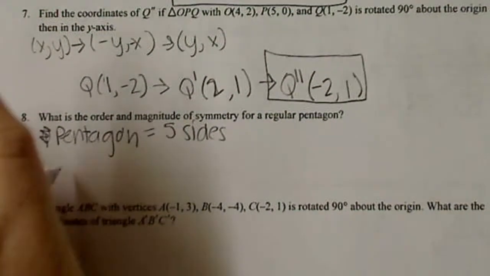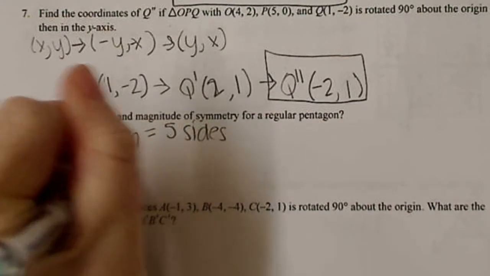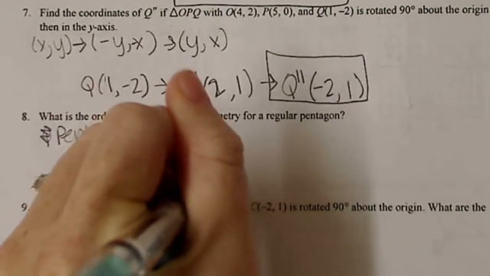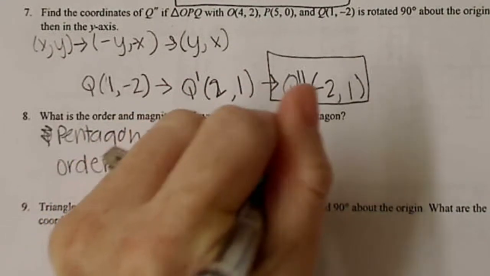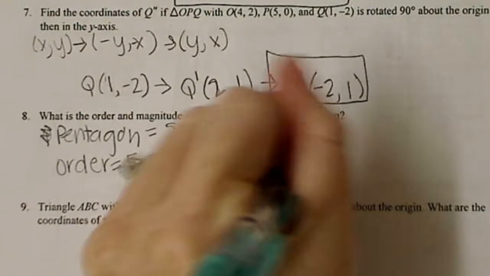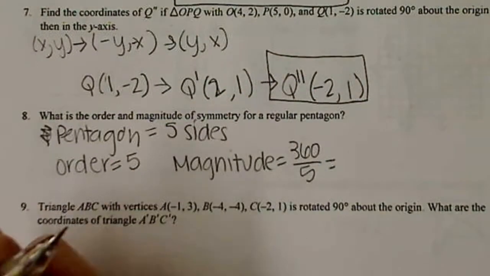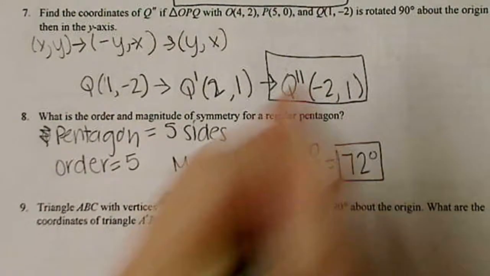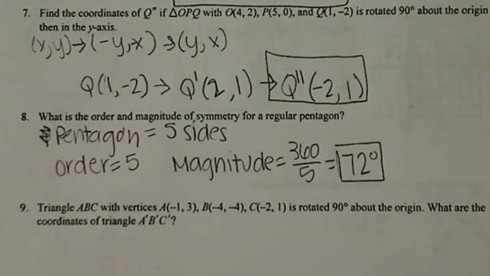The order is 5, and the magnitude is 360 divided by 5, which is 72 degrees.